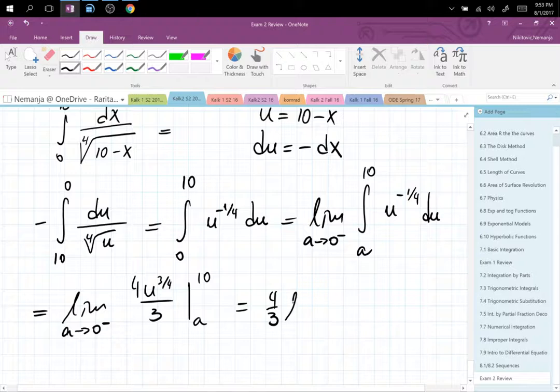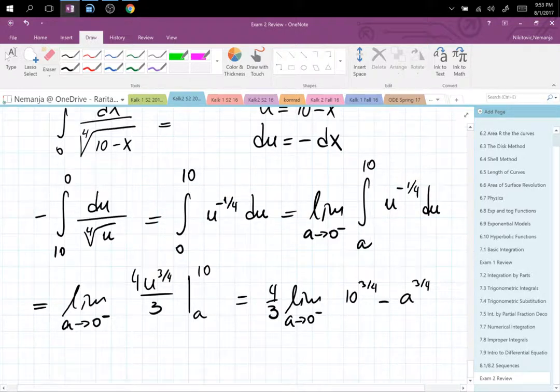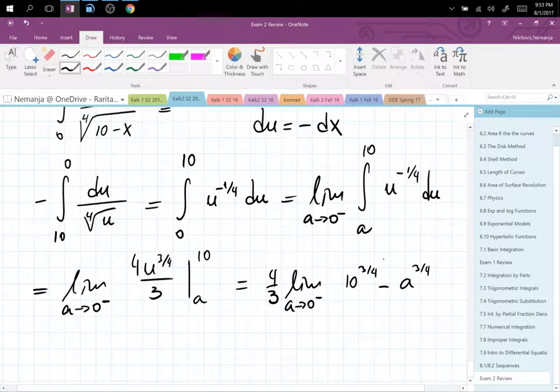The 4/3 gets kicked in front of the limit, and I have 10 to the 3/4 minus a to the 3/4. In the limit, that's going to go to 0 because 0 to the 3/4 is 0. I'm left with 4/3 times 10 to the 3/4. So it converges.